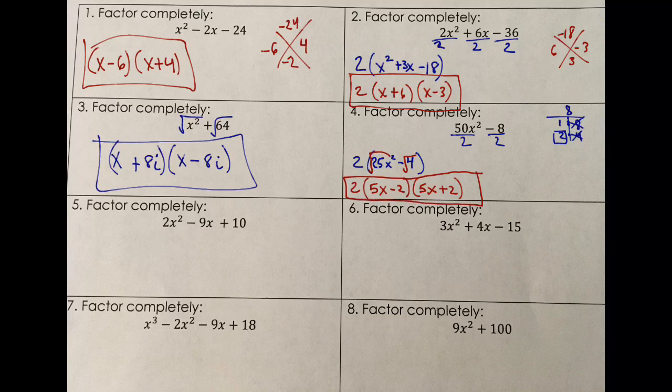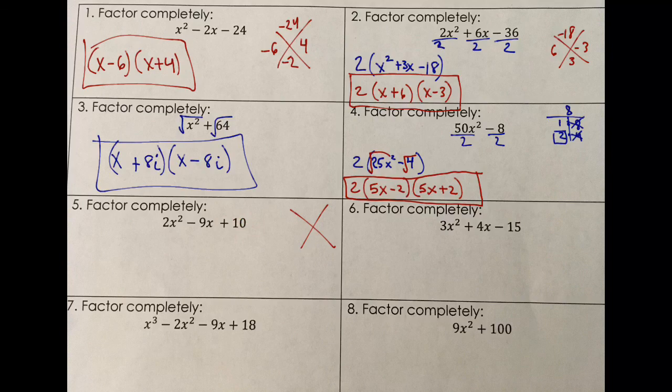All right, let's look at number 5. Okay, so we're looking for a GCF. Can 2 divide evenly into 9? It cannot, and the only factors of 2 are 1 and 2, so we know there is no GCF. So we get to factoring. Remember, you're taking the first term and multiplying by the last.